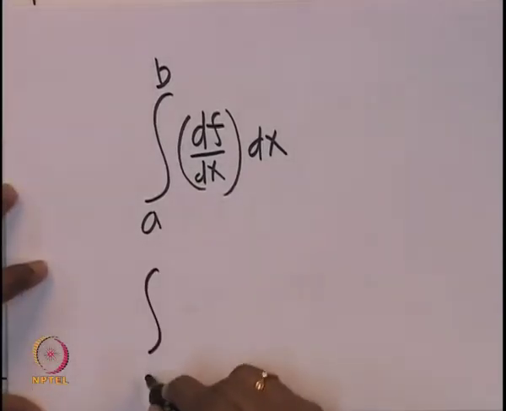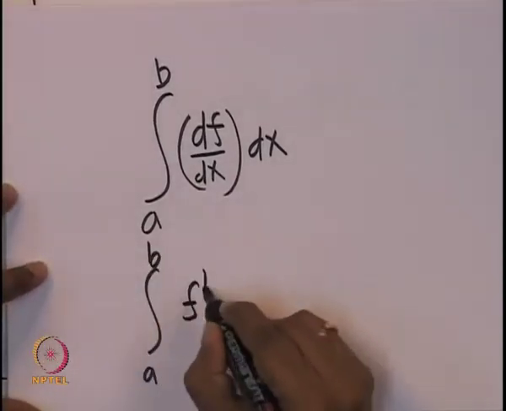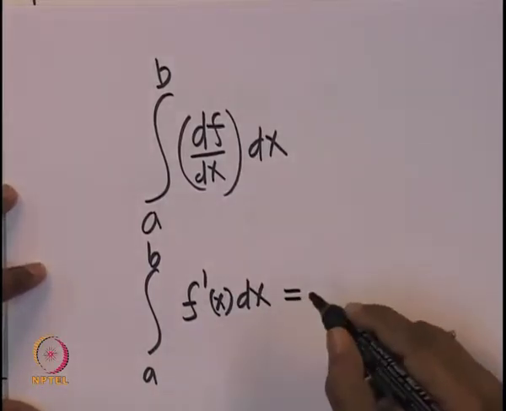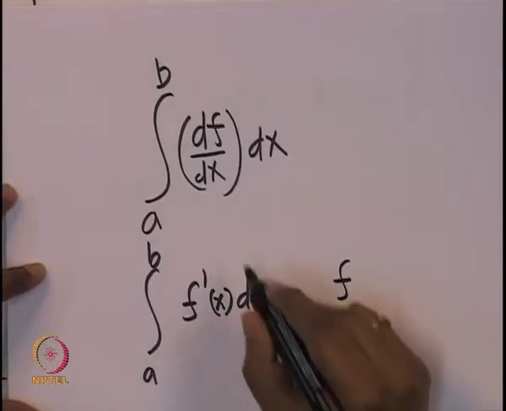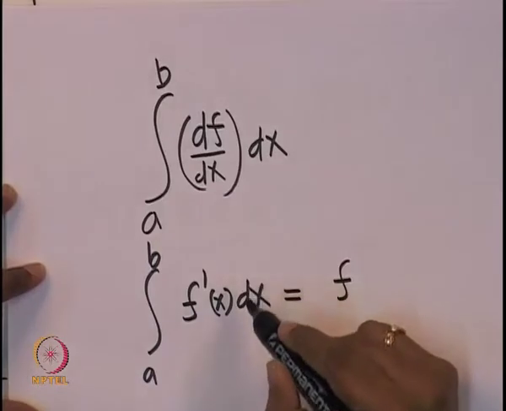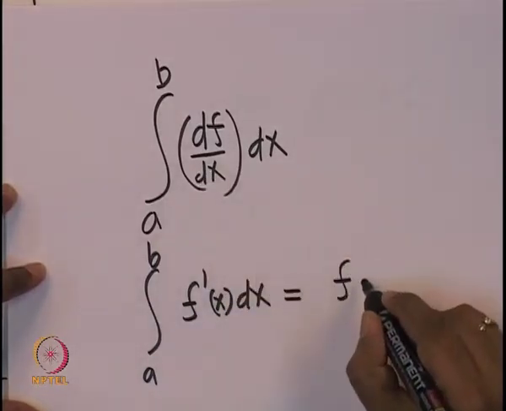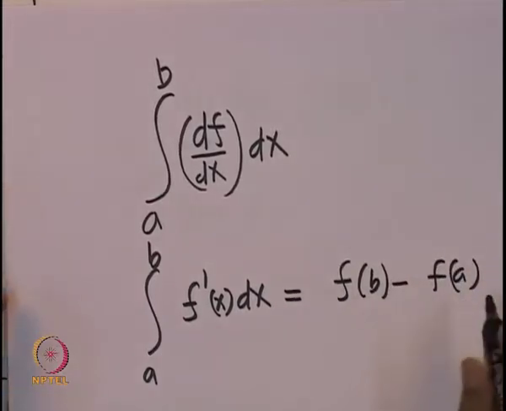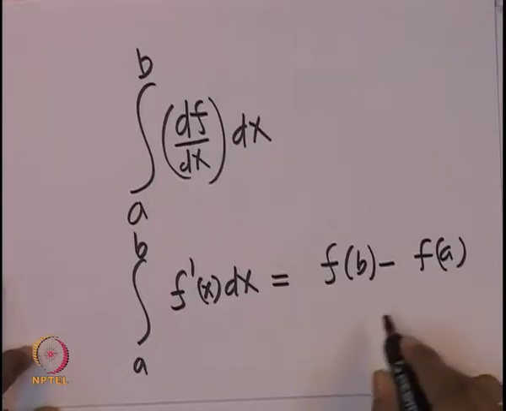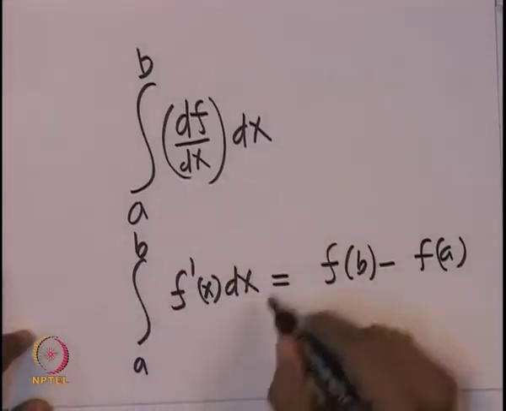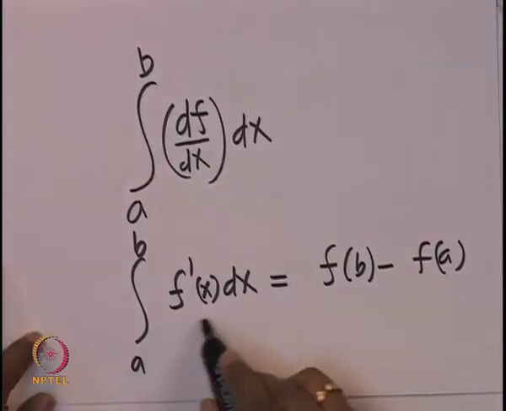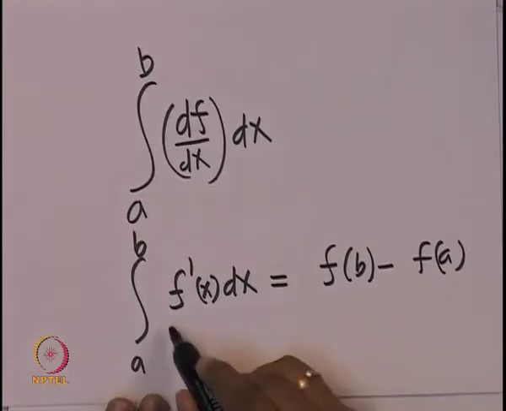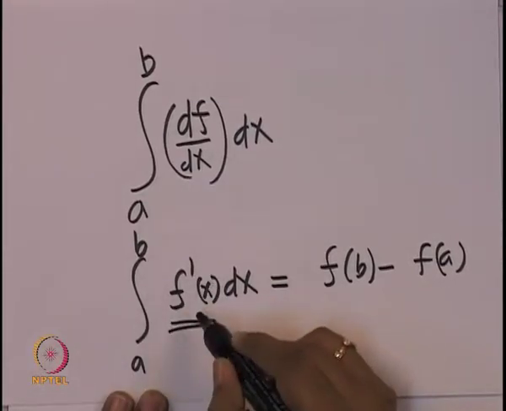In other words, the integral from a to b of f prime of x dx, and the answer is f of b minus f of a. This is nothing but a number, and this represents the area under this particular curve.